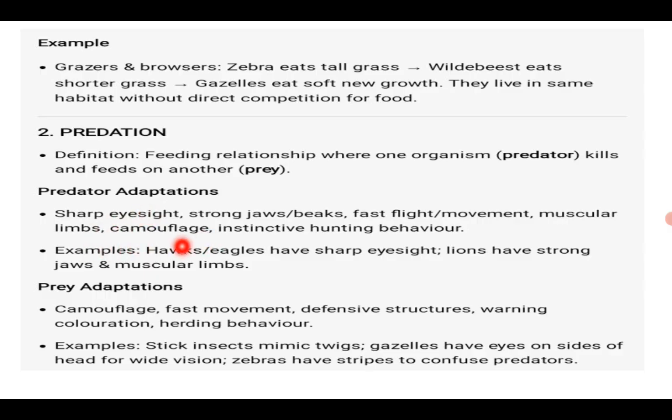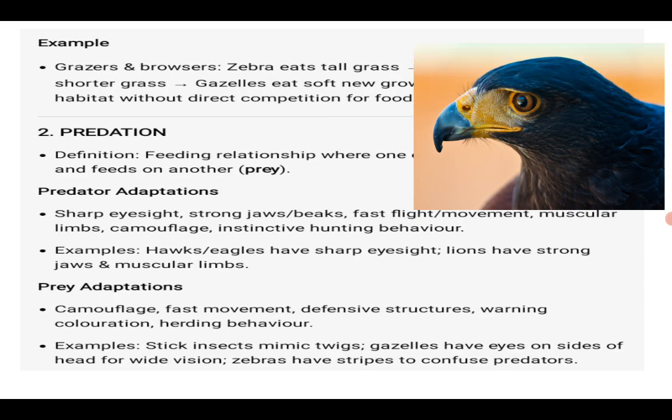Examples are hawks and eagles, which have sharp eyesight. Lions have strong jaws and strong muscular limbs, enabling them to catch their prey without problems. So this is a hawk with very sharp eyesight. It can see its prey from far away and catch it without problems.